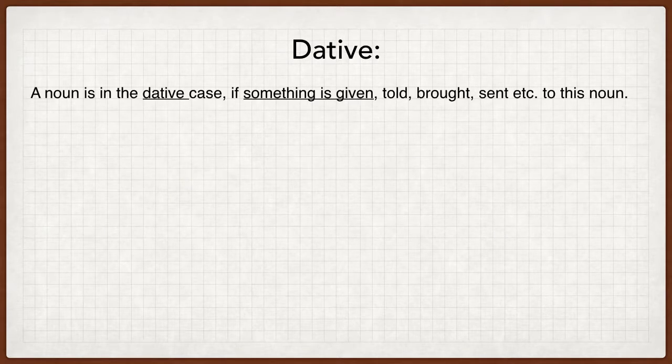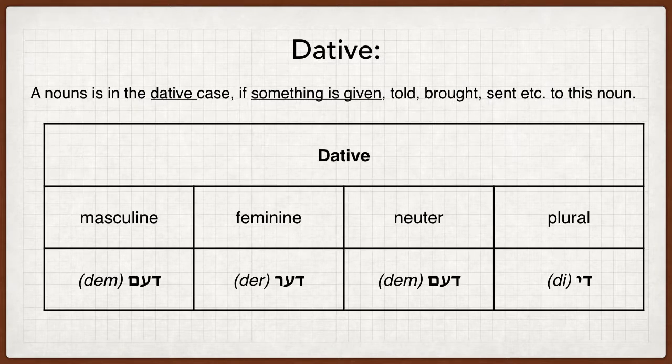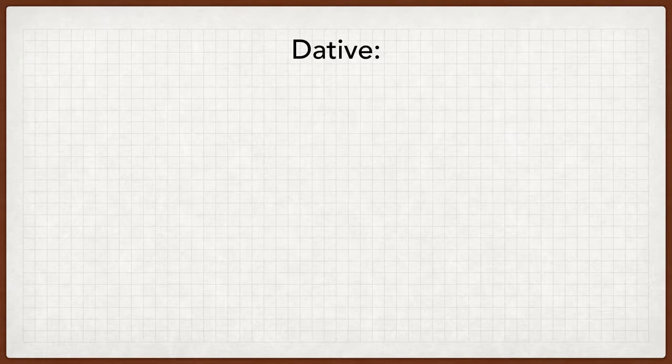A noun is in the dative case if something is told, given, brought, sent to this noun. And our beloved articles look like this in dative: dem, der, dem, die. Dem for masculine, die for feminine, dem for neuter, and die for plural.